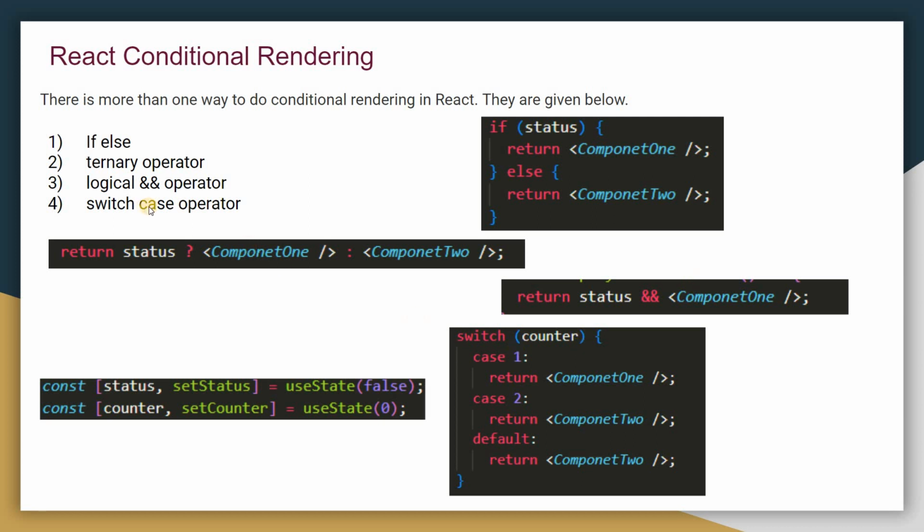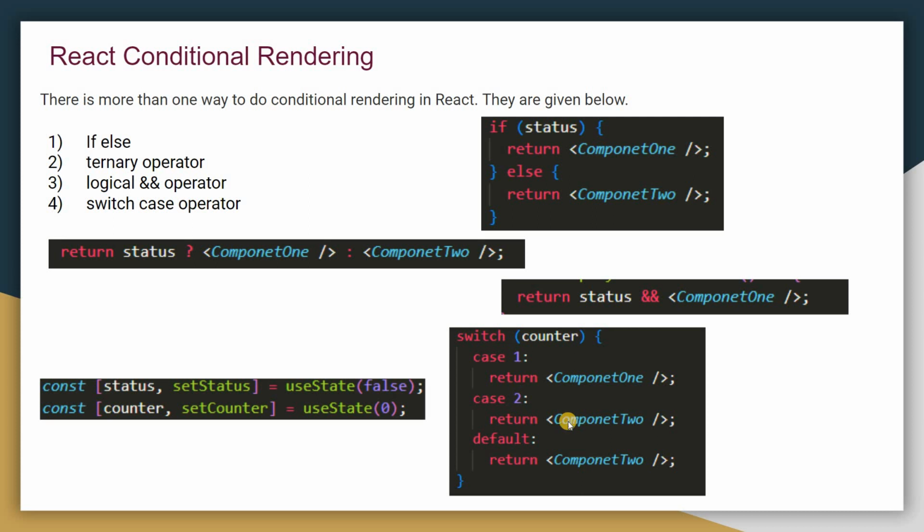And the fourth way is using the switch case operator. Using the switch case operator, we can also display a particular section in a React component. Here we are using a counter variable. If the counter value is 1, we want to display component 1.